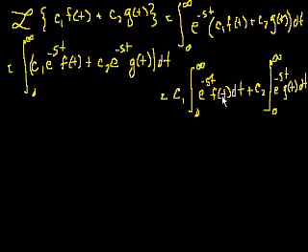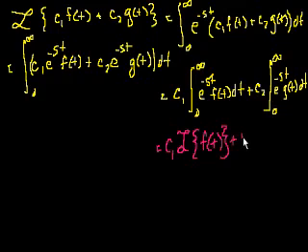This is the Laplace transform of f of t. This is the Laplace transform of g of t. So this is equal to c1 times the Laplace transform of f of t plus c2 times the Laplace transform of g of t. And so we have just shown that the Laplace transform is a linear operator, right?